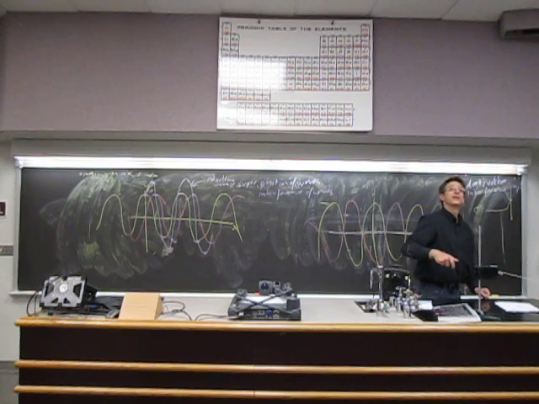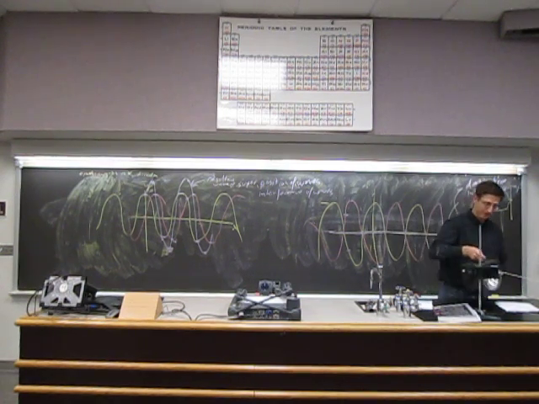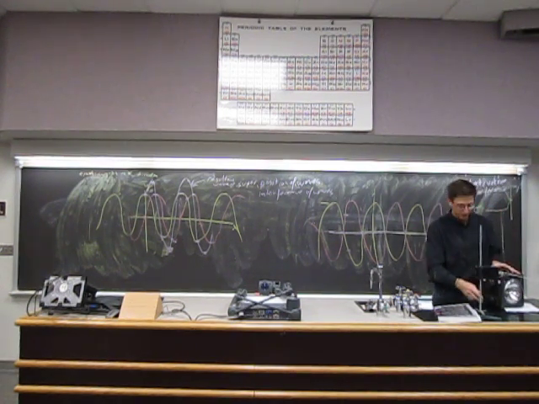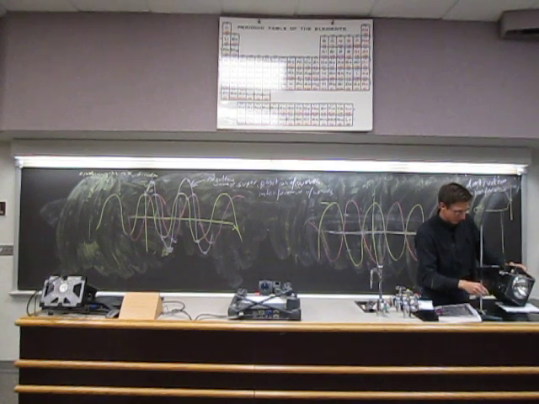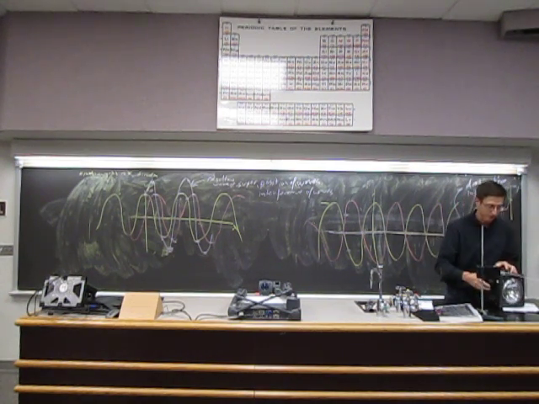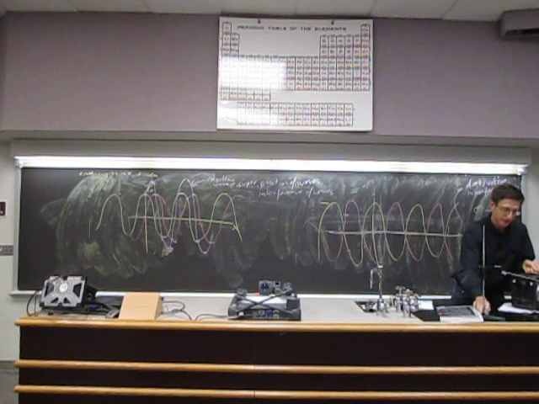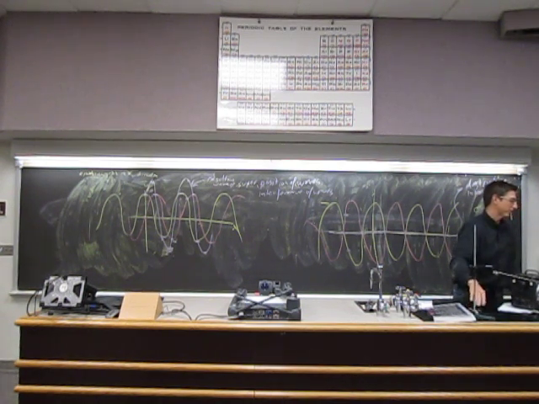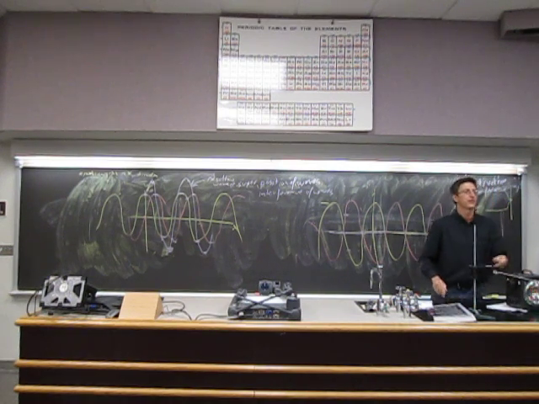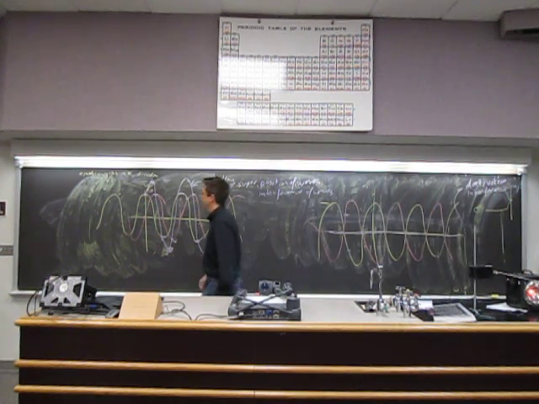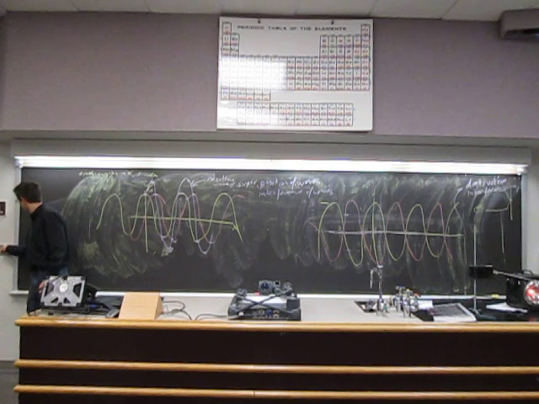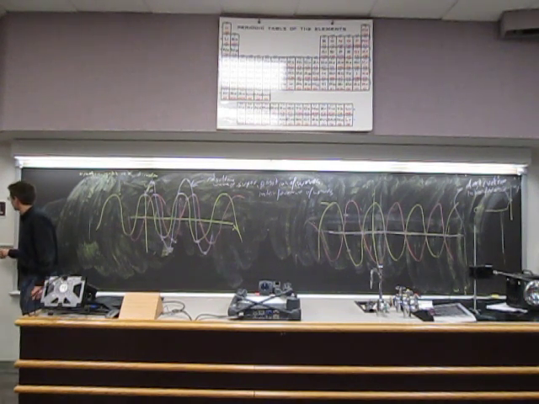What I wanted to do, if you guys can see this real quick, maybe we can figure this out. I want to turn off the lights a little bit just so you guys can see what's going on.